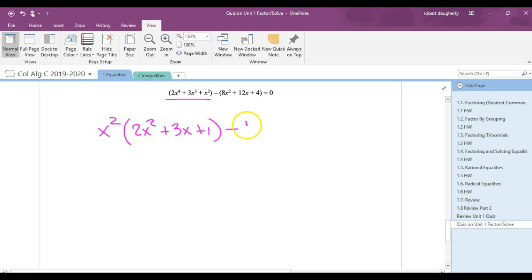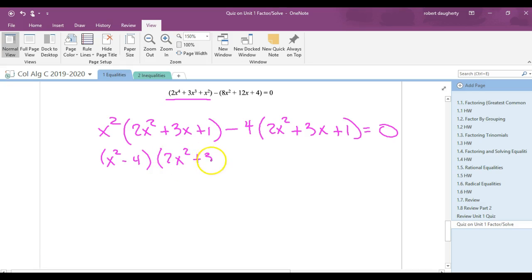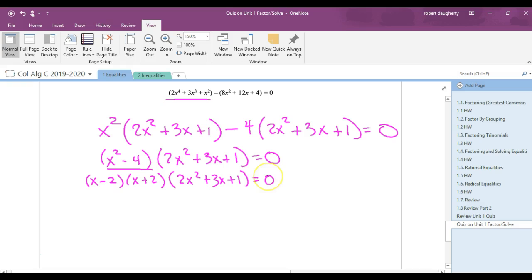And if I factor out a negative 4 here, I get negative 4 times 2x squared plus 3x plus 1 equals 0. This is x squared minus 4 times 2x squared plus 3x plus 1 equals 0. I know what that one is: x minus 2 times x plus 2 times 2x squared plus 3x plus 1 equals 0.